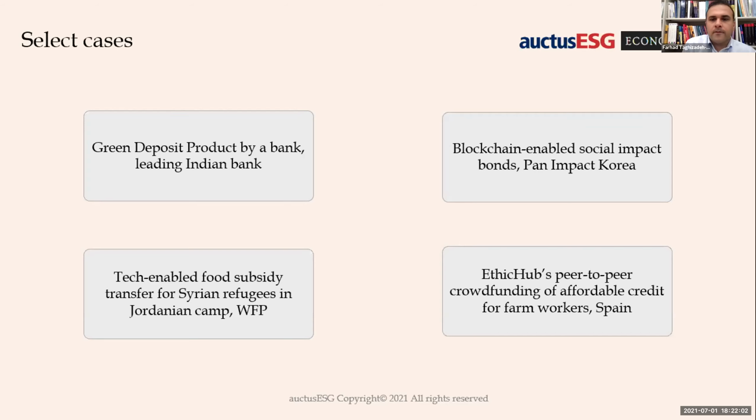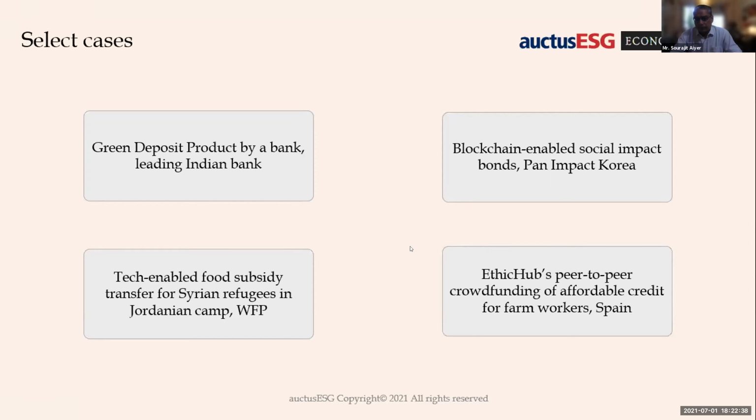In Syria, you would not normally associate fintech innovations with Syrian situations, given the reality there. But a Syrian refugee camp in Jordan has a very interesting case around fintech, where the World Food Program, in order to monitor the payment of certain subsidies for food, uses fintech-based biometric and blockchain solutions to ensure that food coupons are verified and only those are reimbursed against, and there is no benefit fraud.